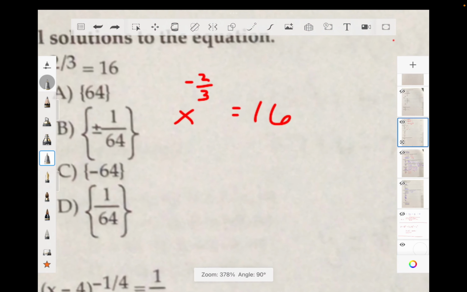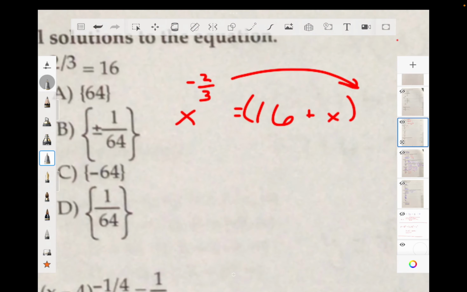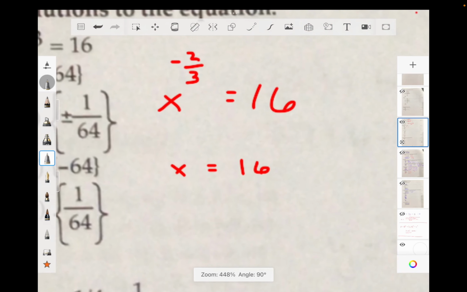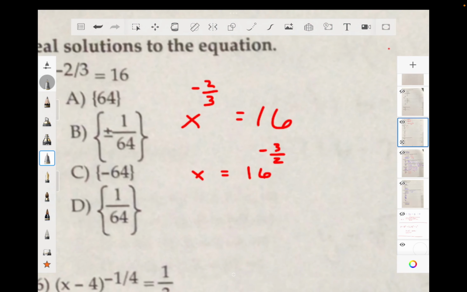So in the same vein, we take the reciprocal of this and apply it to this one. And if it was like plus x, a bigger number, then you would apply it to the whole thing right here. Okay. So that becomes x equals 16 to the negative 3/2. Okay, so what's next?